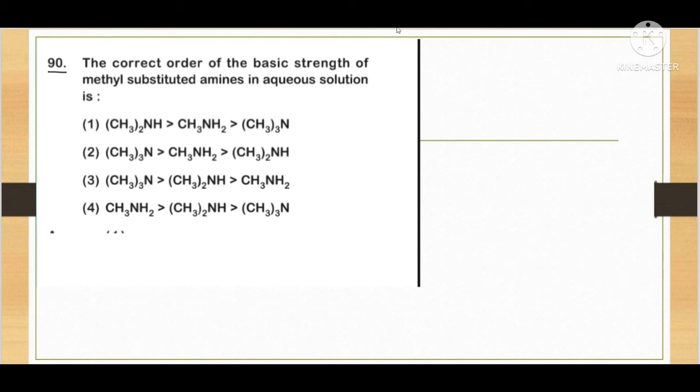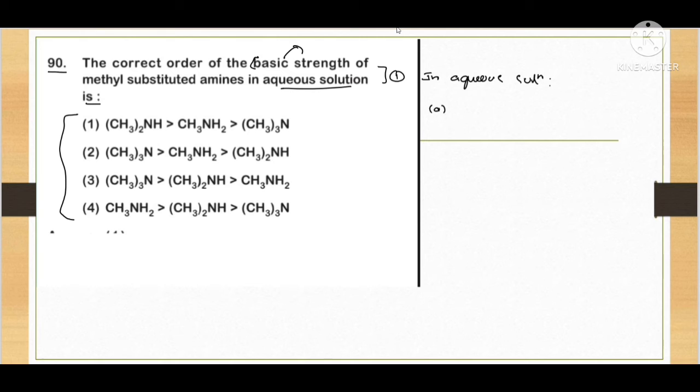Let's discuss the 90th question. The correct order of the basic strength of methyl substituted amines in aqueous solution is. Here they are asking which one has the highest basic strength in aqueous solutions. We know that basic nature means the donating ability of nitrogen, here the lone pair donating ability. In aqueous solution, three factors affect the donating nature of amines.